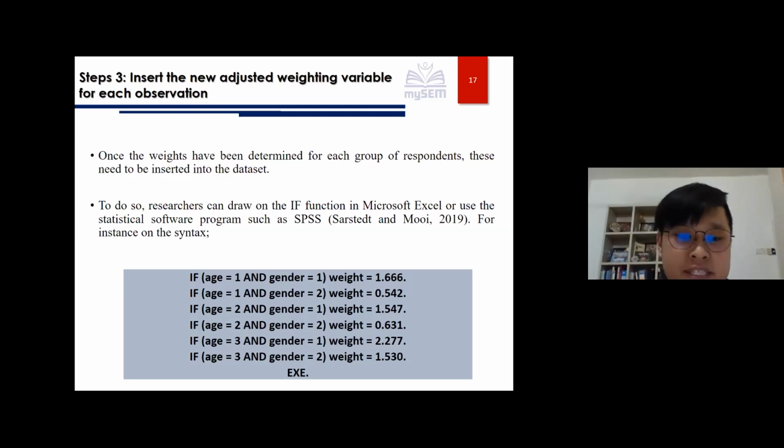For example, insert it on each respondent, so that it could adjust the value when you use it in PLS. We can do this easily by using an Excel spreadsheet or maybe SPSS software. But today I'm going to show you how to do this in SPSS. It is all about syntax. I will give you the syntax later so that you can perform it on your own time.